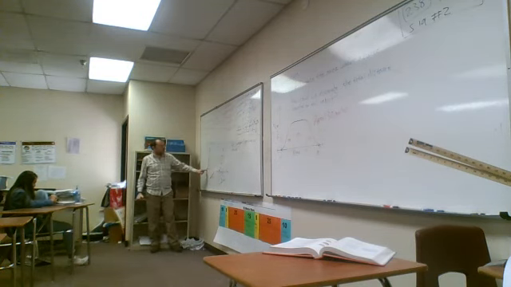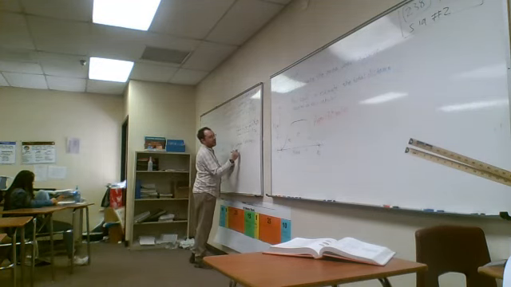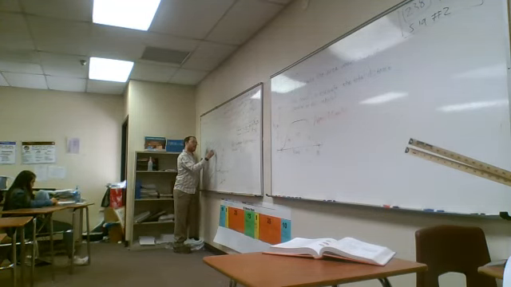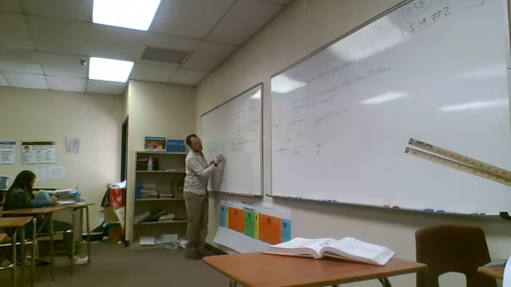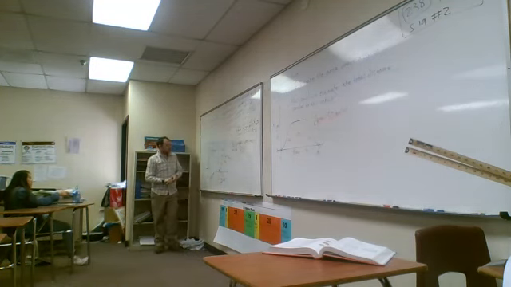Now this method here on the left, which gave us an underestimate, this is the left-handed RAM. So it's rectangular approximation method, or RAM. This one is left-handed RAM, and this one is right-handed RAM.